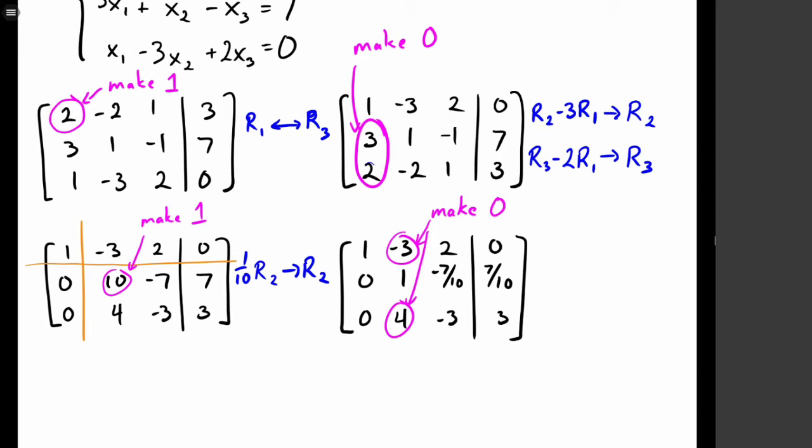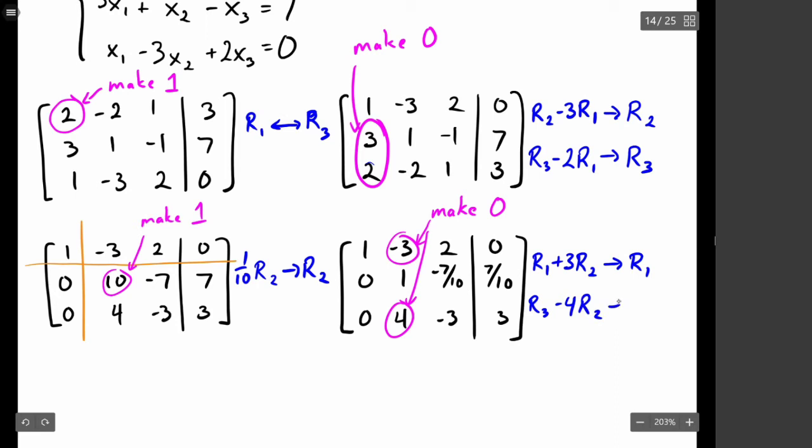Now, why do you want to always use your leading 1? The important reason is so this column doesn't change. It's very important that this column does not change. So we're always going to use row 2 to change these other ones here. So here we can do row 1 plus 3 row 2 goes to row 1. And we can do row 3 minus 4 row 2 goes to row 3.